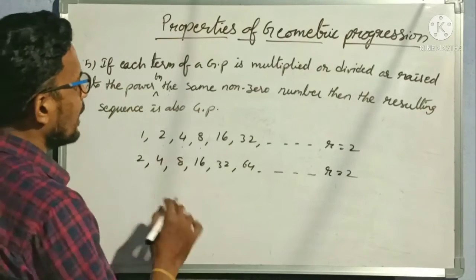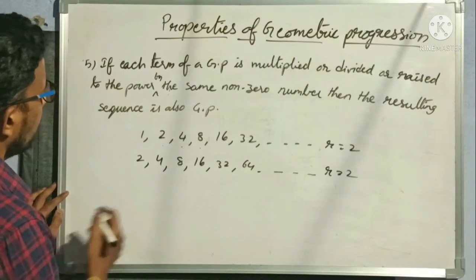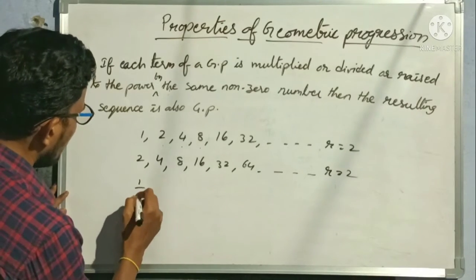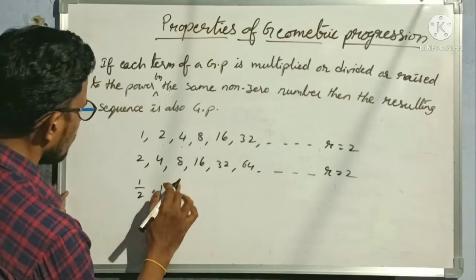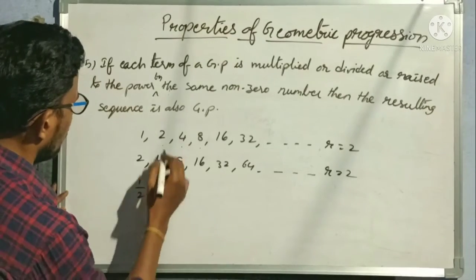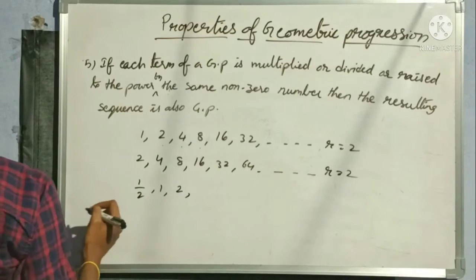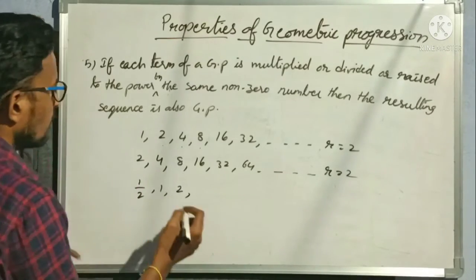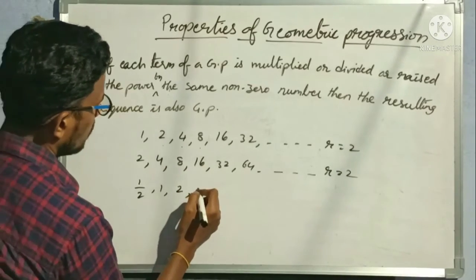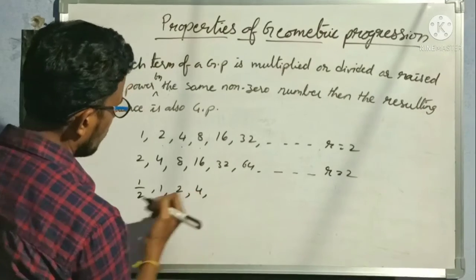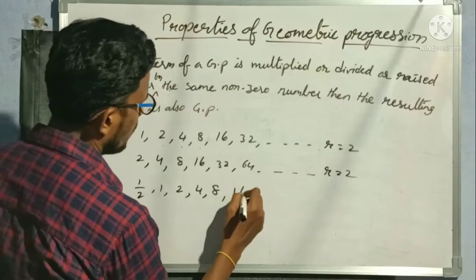If we divide by the same number, let us divide by 2. So 1 by 2, 1, 2, 4, 8, 16 and so on.